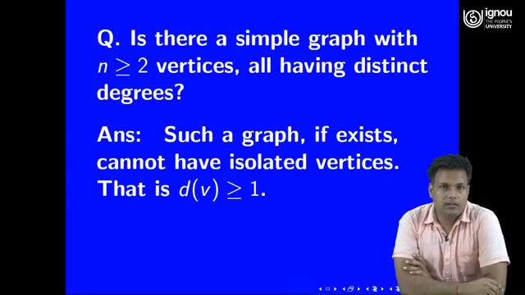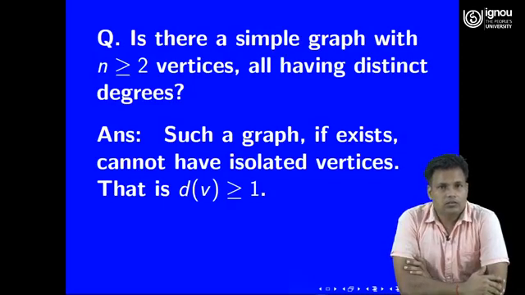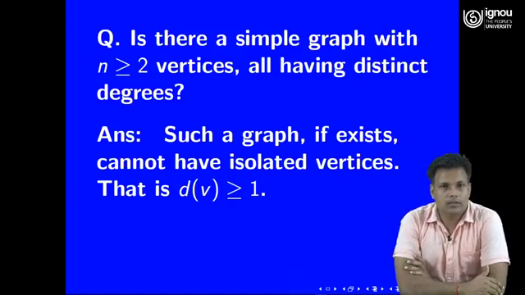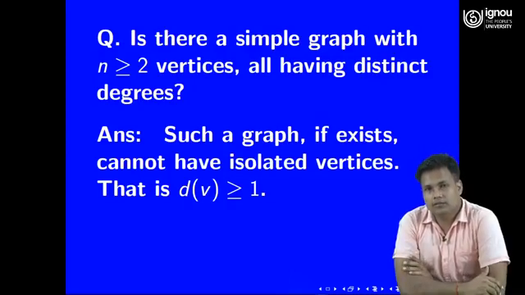Now we ask, is there a simple graph with n greater than or equal to 2 vertices all having distinct degrees? Let's assume that such a graph exists. Then it cannot have isolated vertices. Suppose there is some isolated vertex V, then the remaining vertices cannot be adjacent to V because V has degree 0.